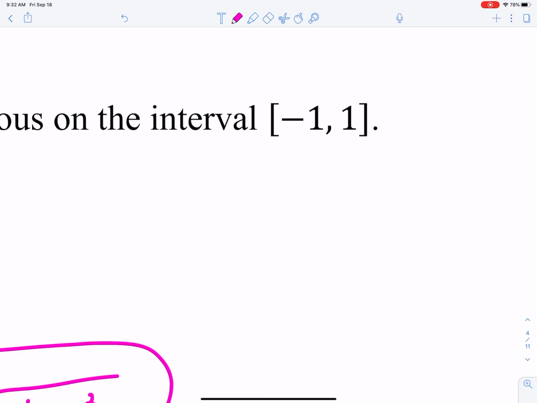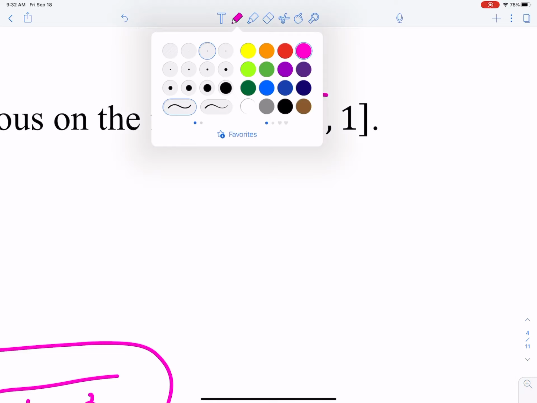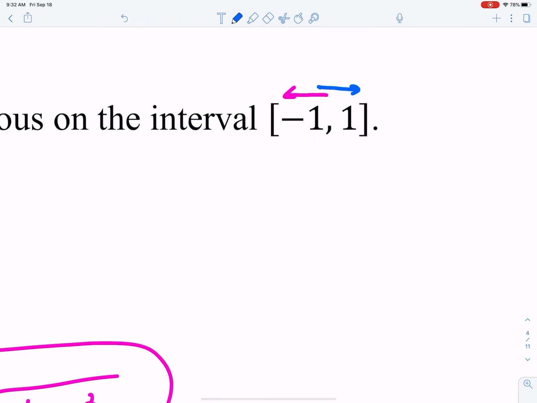In other words, we're going to check continuity at -1 from the right, because we're staying inside the interval, and continuity at +1 from the left, because again, we want to stay inside the interval. Okay?